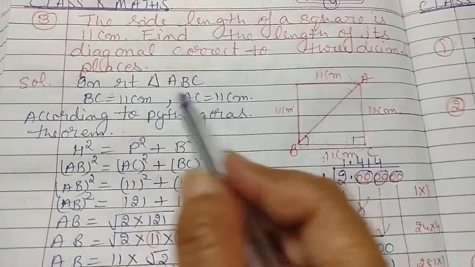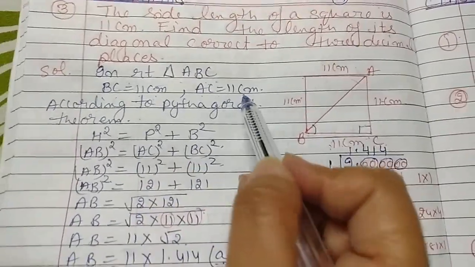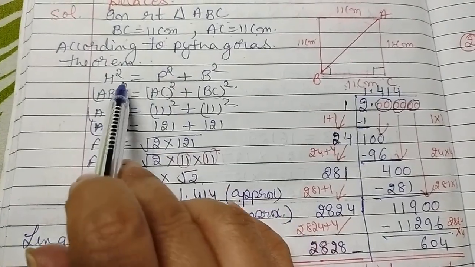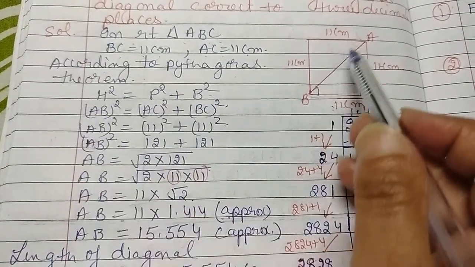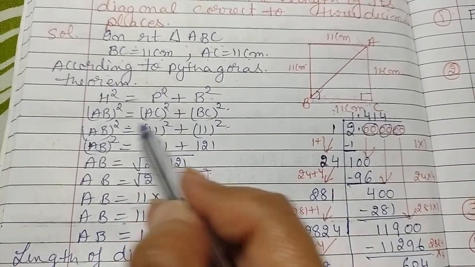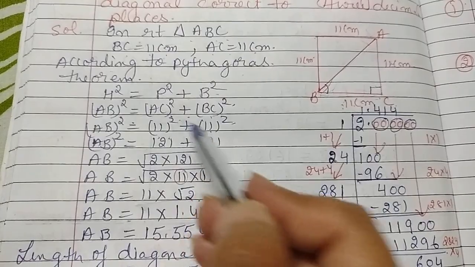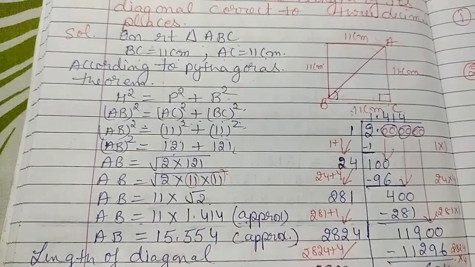So in right angle triangle ABC, BC is equal to 11 centimeter, AC is also 11 centimeter. According to Pythagoras theorem, hypotenuse square equals perpendicular square plus base square. Hypotenuse is AB, so AB square is AC square plus BC square. Both have 11 square, 121 plus 121 gives you 2 into 121.